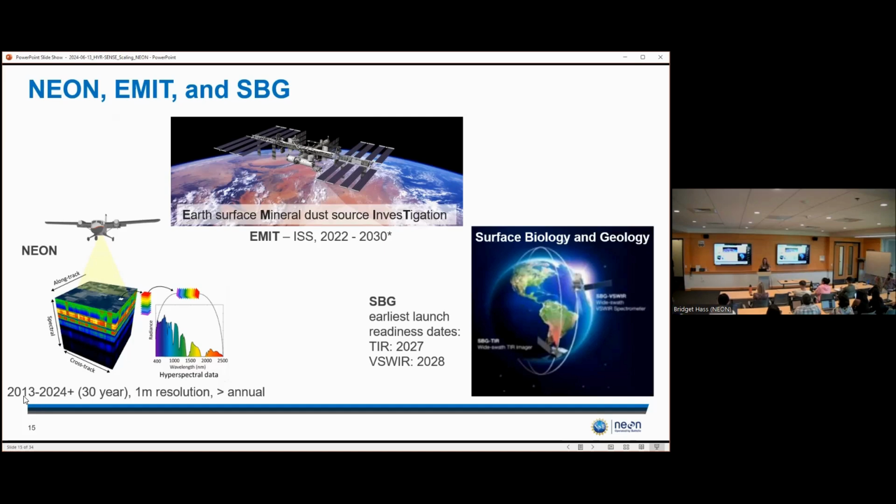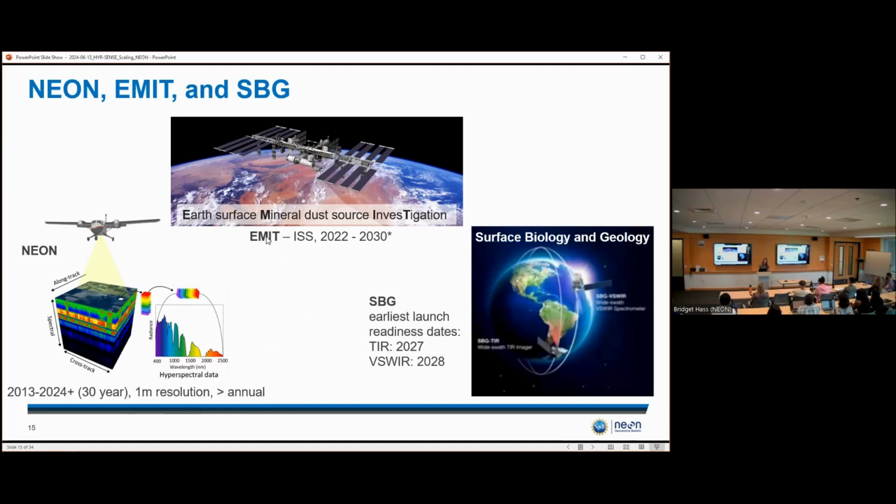We started collecting data in 2013, but officially started closer to, I think, 2018. And so from 2018, there's planned to be 30 years of data. This is at 1 meter resolution, and we fly 3 out of every 5 sites, three sites every 5 years. So it's a little bit less than annual sampling here.